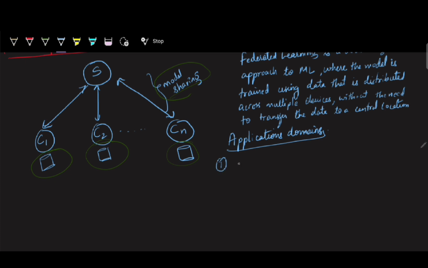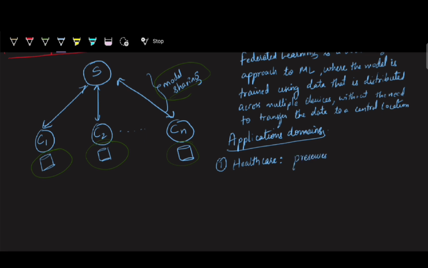So first is the healthcare domain. In healthcare, patients' data privacy is very much crucial. So federated learning allows hospitals to collaborate and build robust medical models without sharing sensitive patient data, ensuring compliance with privacy regulations.